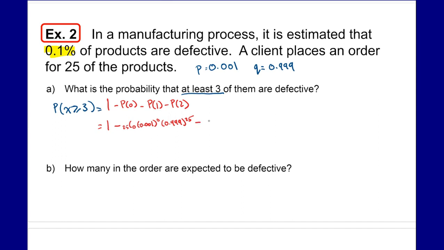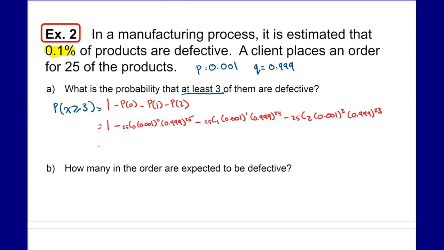Minus probability of 1, so 25 choose 1 times 0.001 to the power of 1 times 0.999 to the power of 24. Minus 25 choose 2 times 0.001 to the power of 2 times 0.999 to the power of 23.